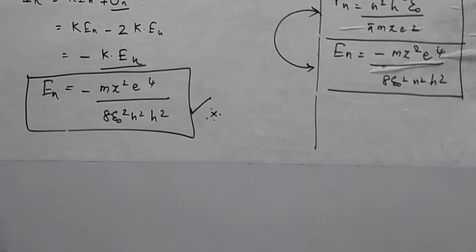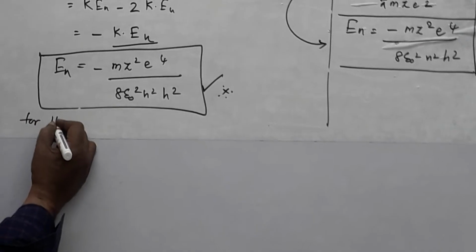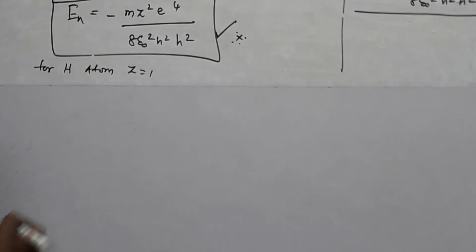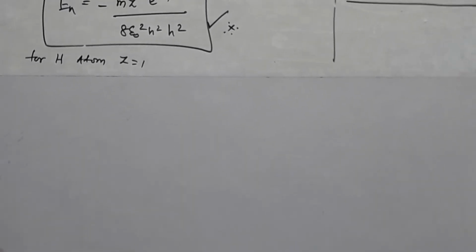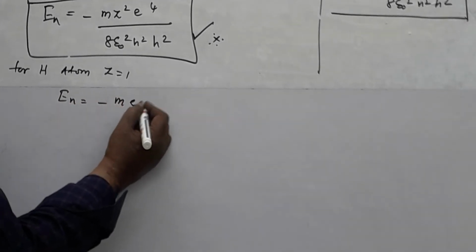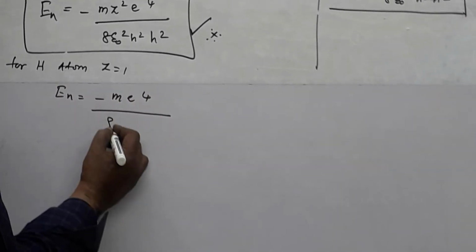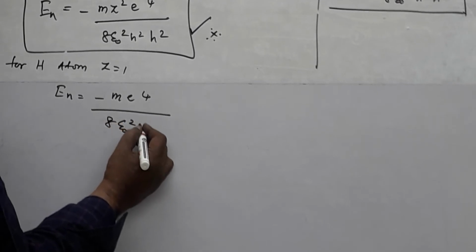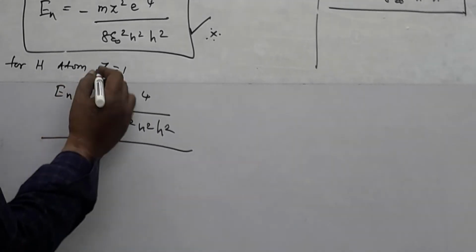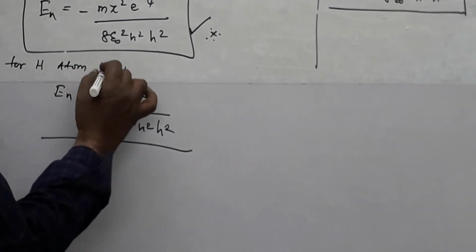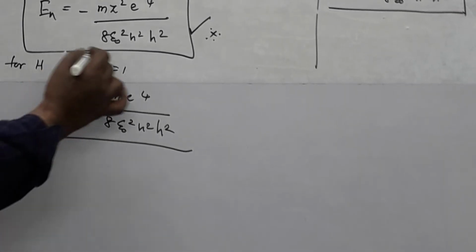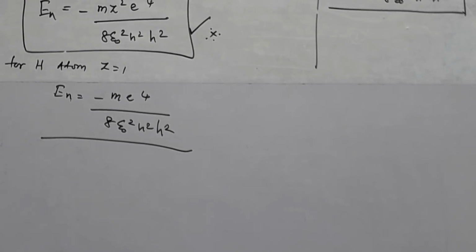Therefore, for the hydrogen atom, Z equal to 1, and En equals minus m e power 4 divided by 8 epsilon naught square n square h square. This is the energy of an electron in the nth orbit for the hydrogen atom, in joules.